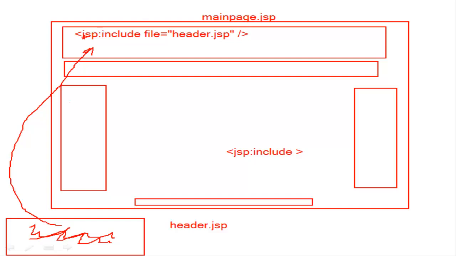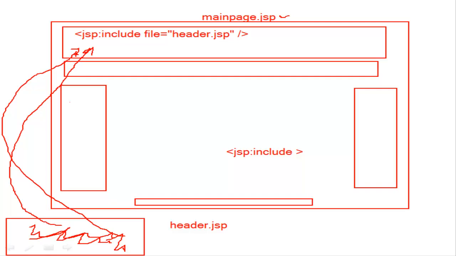So in my JSP page, if I just say JSP include the other file, during the runtime, whatever content of this page will be taken up and embedded at the place wherever you have used that tag. It is possible to create it.